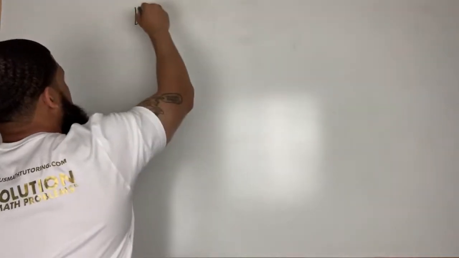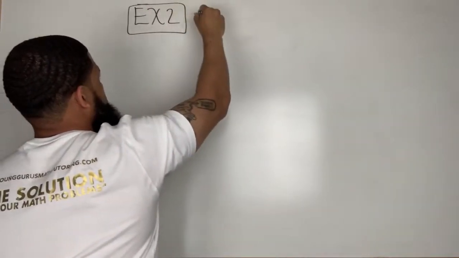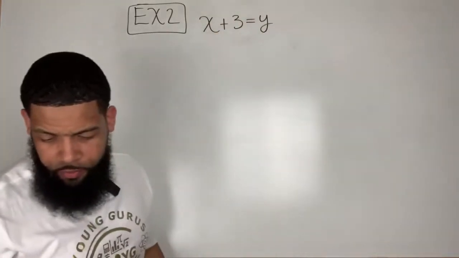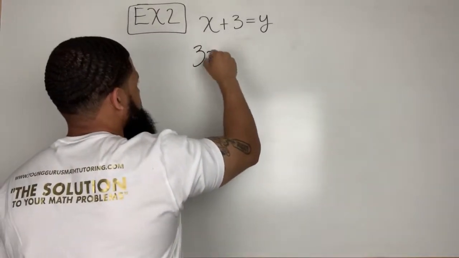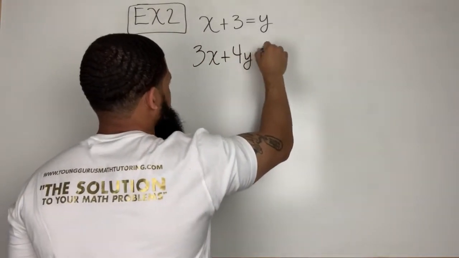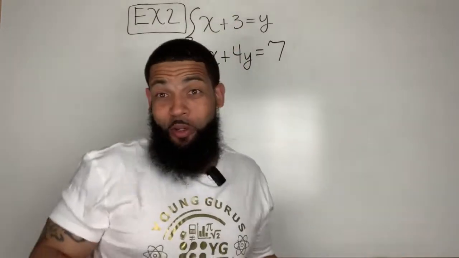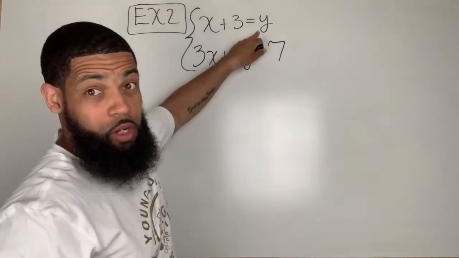So in example 2, I have x plus 3 equals y, and then I have 3x plus 4y equals 7. And once again, that's that difficult sign that's hard for people to draw. So notice y is already solved for.